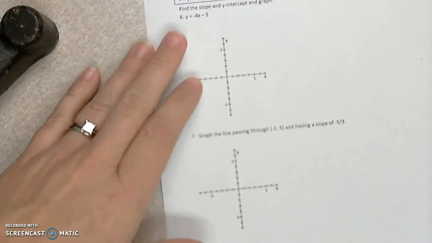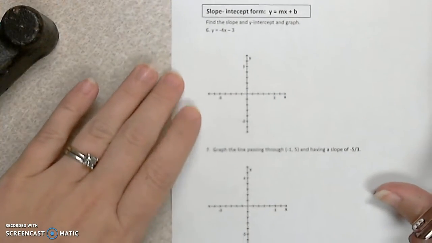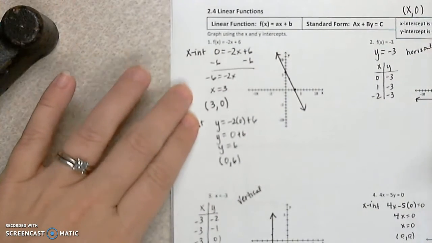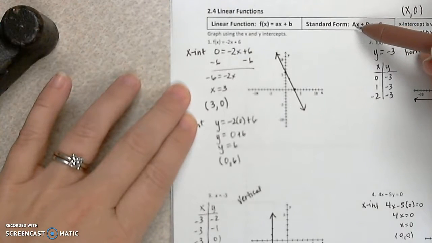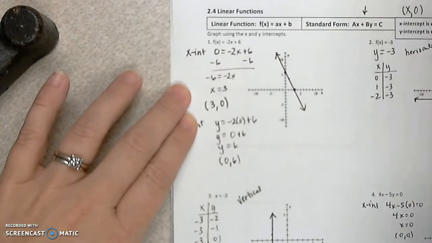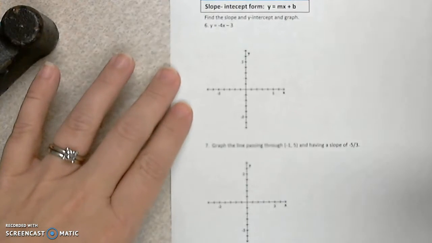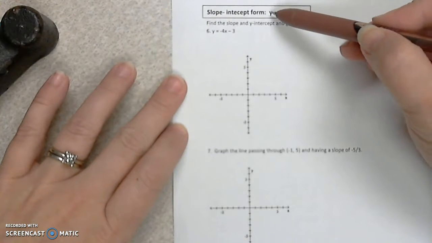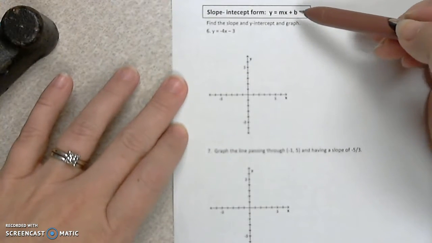Alright, looking at the next page. So we talked about on the front page that there are different forms of the equation, and we looked at standard form ax plus by equals c. There is another form called slope-intercept form, and that simply is written as y equals mx plus b.